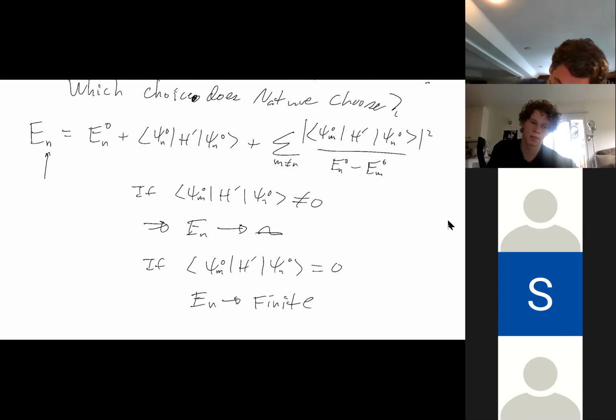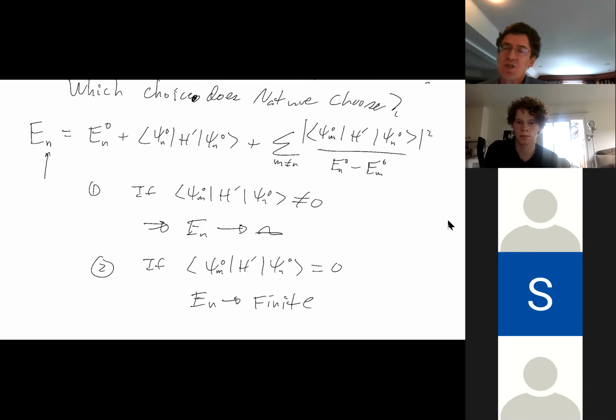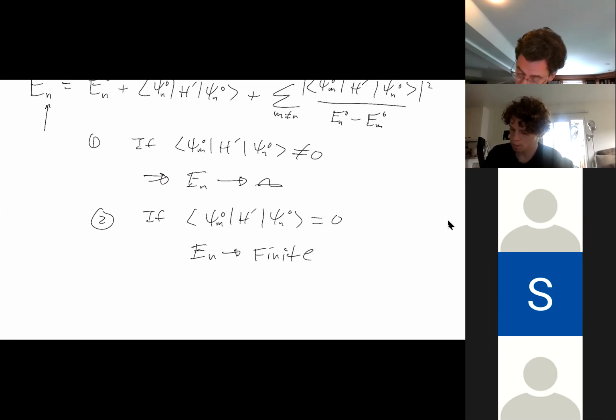I have choice 1 or I have choice 2. Which choice do you think nature chooses, 1 or 2? 2. Yes, because nature hates it for energy to go to infinity. It's terrible because it costs a lot of energy. Nature doesn't like energies to diverge. So nature chooses this one.